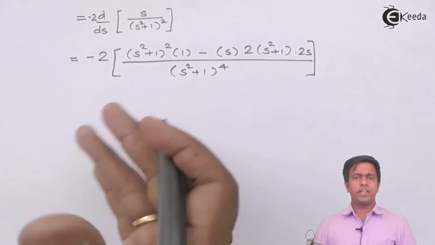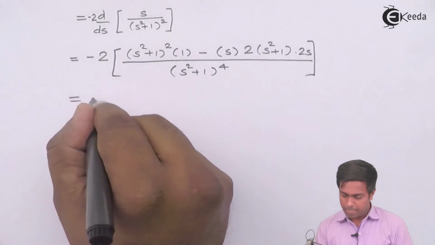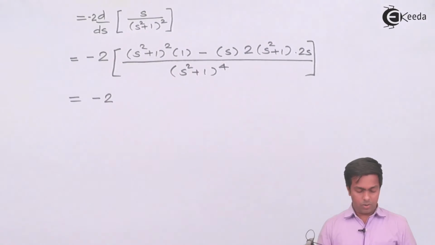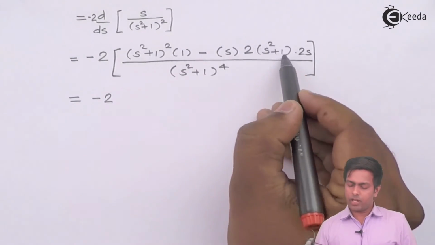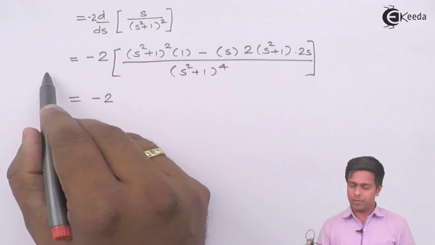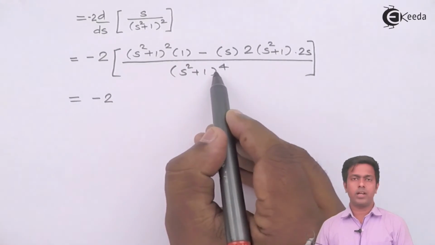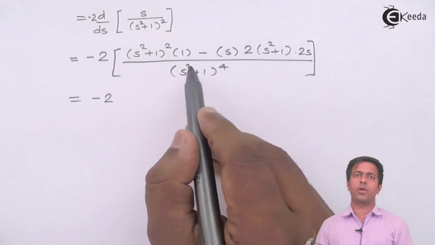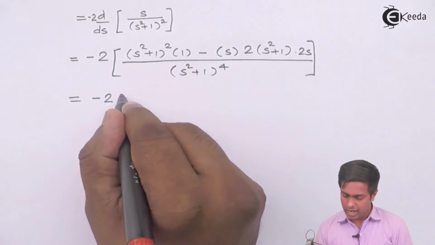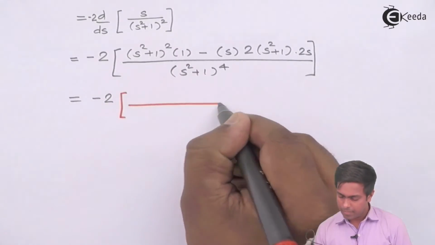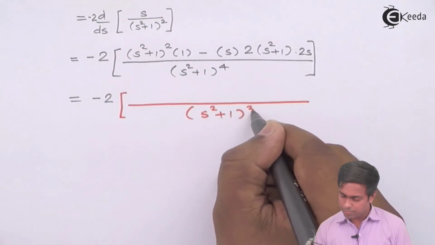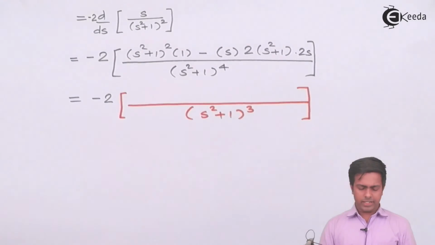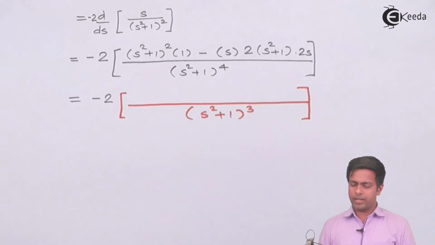Now guys, let's simplify this. So this will become minus 2. From the first and second term I can take s square plus 1 common outside. It will be cancelled with this s square plus 1, and here we will get (s square plus 1) cube. So guys, here I'll write it down for you. In the denominator, (s square plus 1) the whole cube. Now let's say in the numerator.